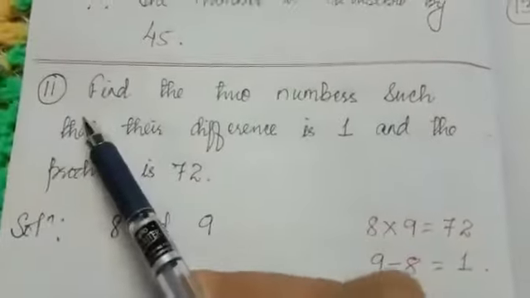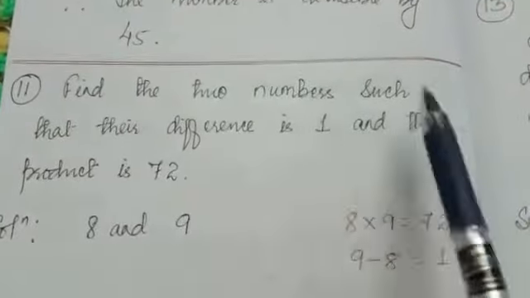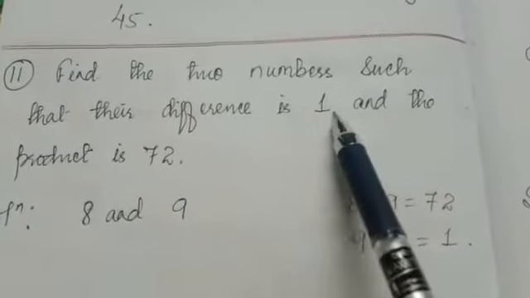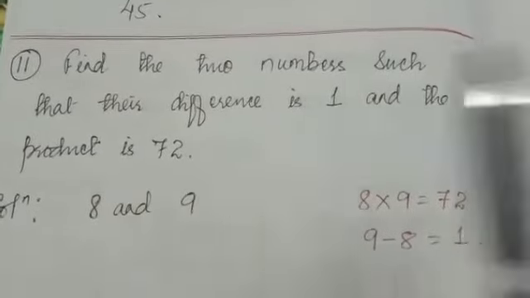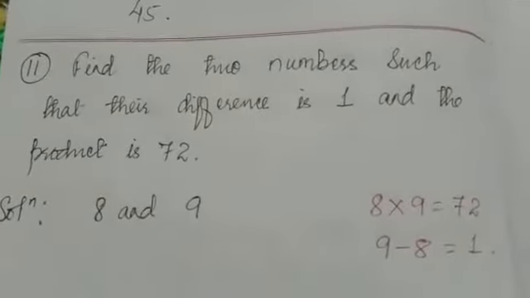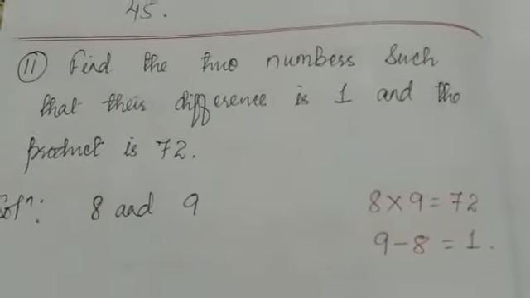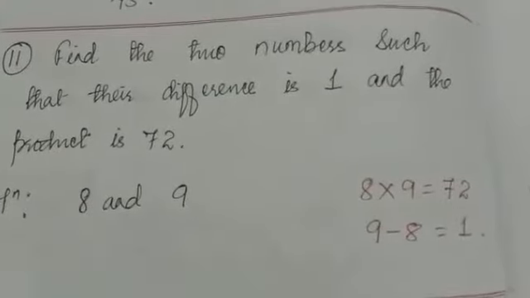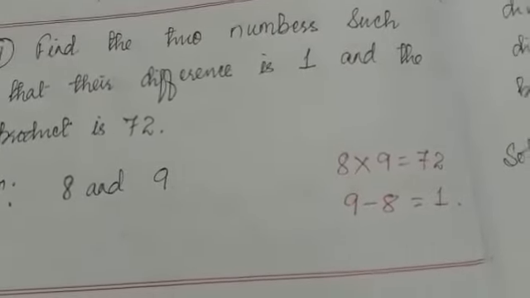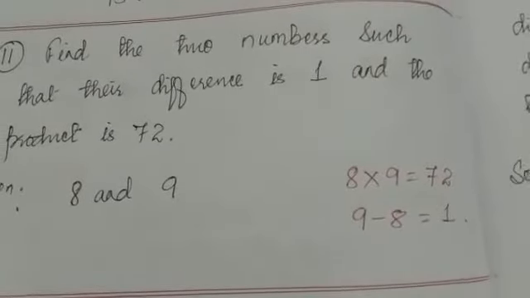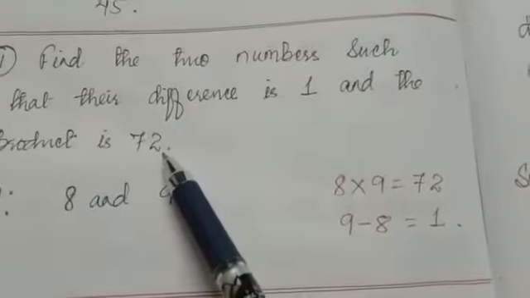Next is 11. Find the two numbers such that their difference is 1 and the product is 72. You know product is when you multiply two numbers, the answer is called the product. So you have to find two numbers whose difference is 1, and when you multiply those two numbers, the answer will be 72.